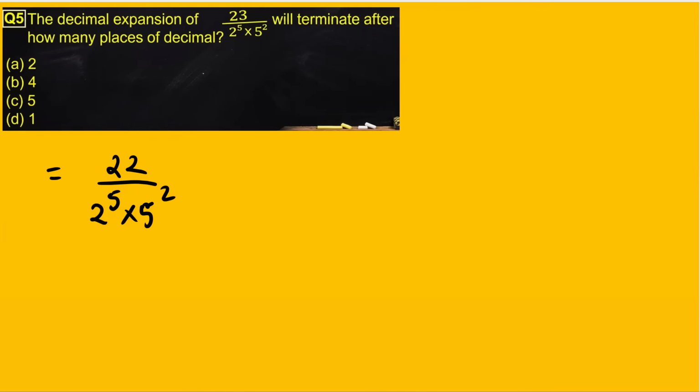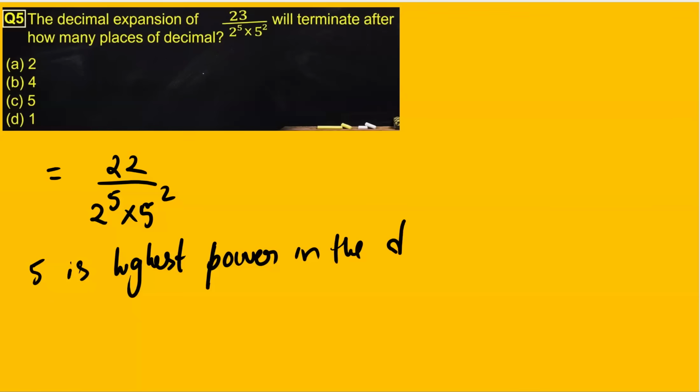Okay, so now let's do this question. Here we can see that at the denominator, the number which has the highest power is 5, the highest power compared to the 2. Any number, it doesn't matter, whichever has the highest power. So here we can say that 5 is the highest power in the denominator.